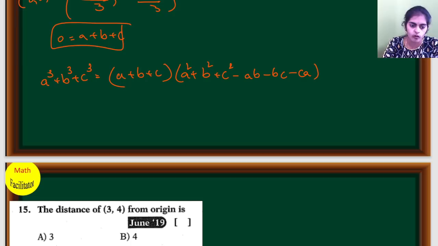Okay, and also one more very important thing here, you have plus 3abc also here. So now a plus b plus c is 0. So 0 into a square plus b square plus all of this will become how much?